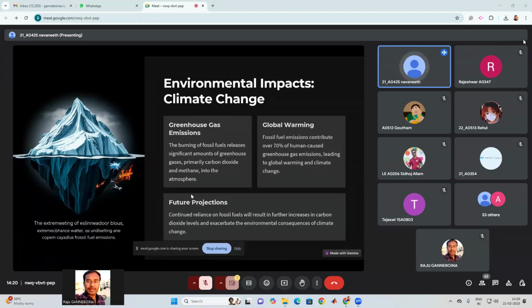environment. And in the case of oil, we can see that oil spills occur, and an oil spill has a major environmental impact on marine life. Much sea life gets affected because of oil spills and other leaks occurring in the sea.